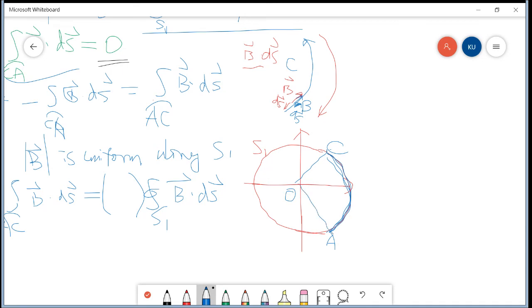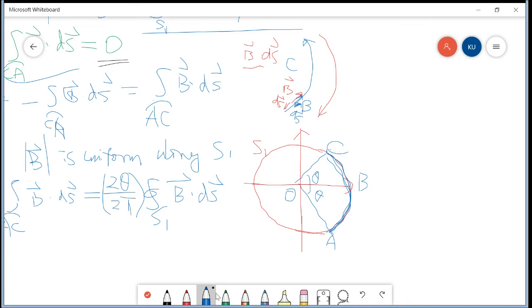So we have the angles BOC and AOB, also known as theta. So actually the factor we need to multiply should be 2 theta, and for the whole circle it is 2 pi.